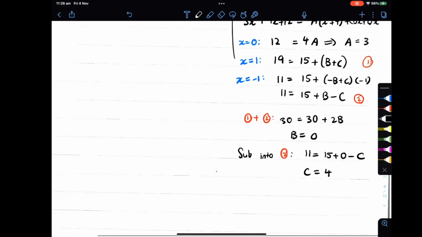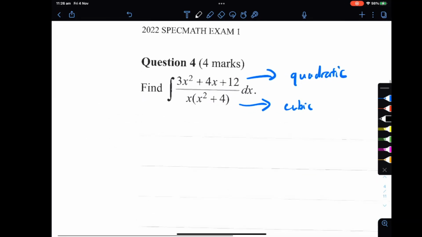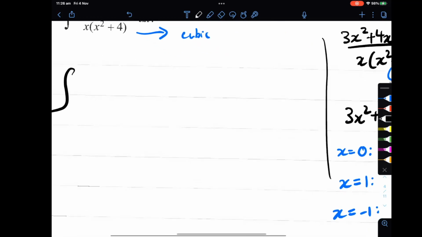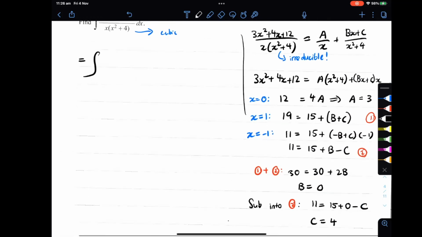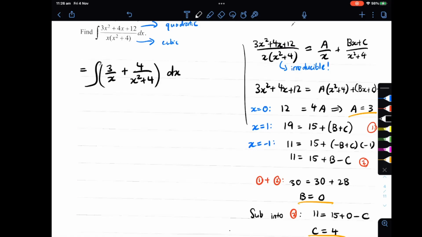Yeah, okay, so what that means is that this whole thing here becomes, according to what we found, a is equal to 3, so we are going to get 3 over x plus 4 over x squared plus 4 dx. Like that.